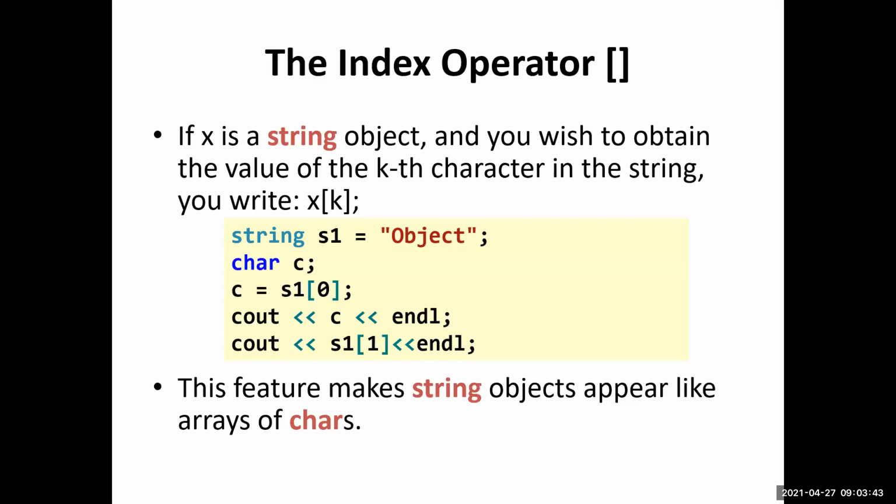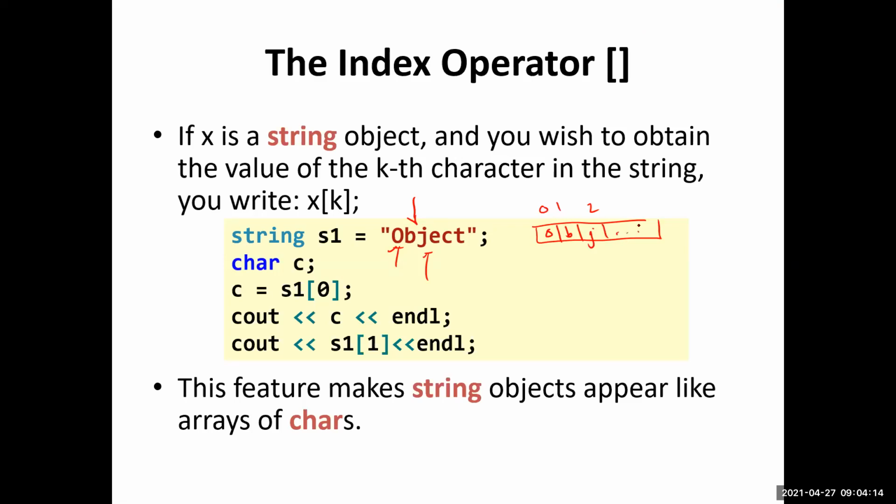Sometimes you may need to access the individual characters of a string, maybe this O, B, J, and so on. It is fairly simple. Just like you use an array of characters and you have the indices, the same applies here. You have a string object, but at the back end, it is like an array. So you have 0, 1, 2, and so on, and you have O, B, J, and so on.